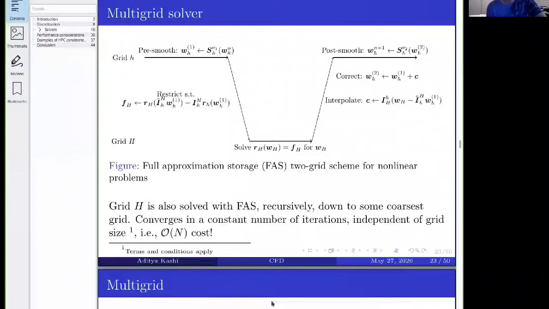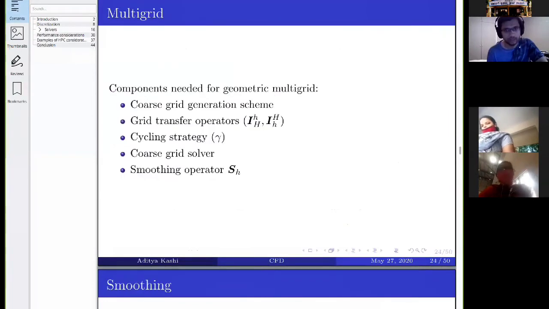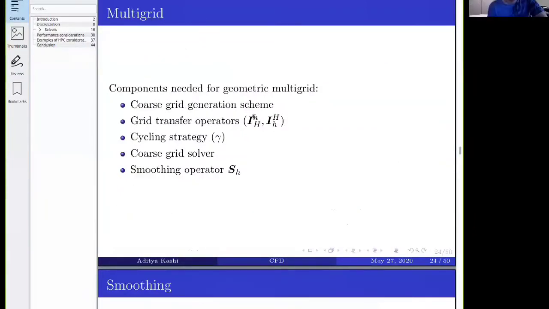And as usual, something this magical has caveats. I'll come to some of the caveats. We need several components, as would be evident from the previous slide. We need to generate a coarser level, firstly.